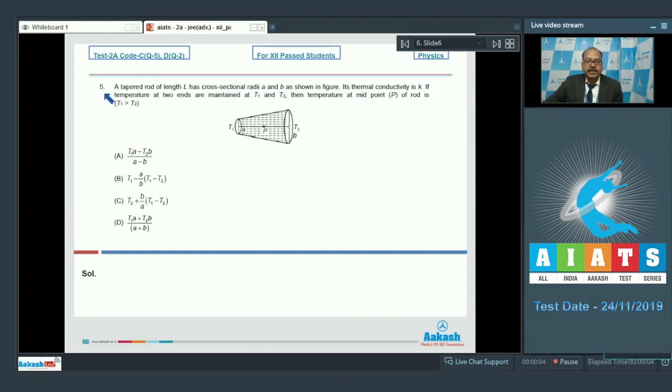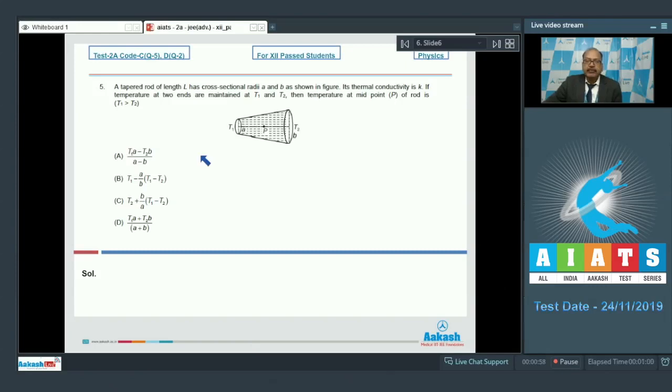Question 5 says, a tapered rod of length L has cross-sectional radii A and B as shown in figure. Its thermal conductivity is K. If temperature at two ends are maintained at T1 and T2, then temperature at midpoint P of rod is, it's given T1 is greater than T2, and we have these 4 options. We have to find the temperature at the midpoint of the rod.